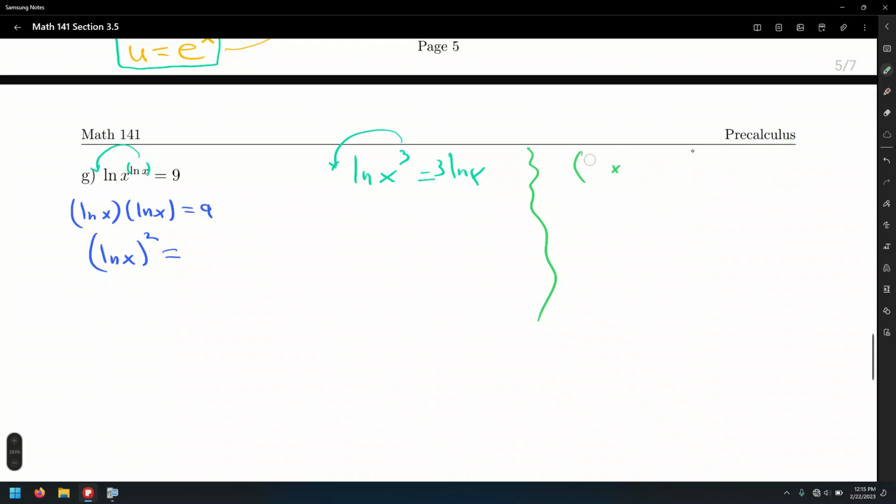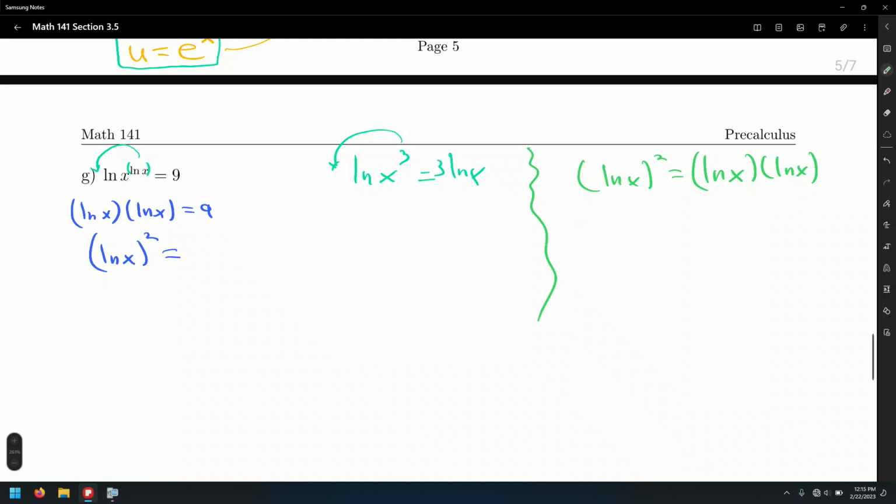Or rather the reverse, I think it makes sense if I write it the reverse. ln of x quantity squared is ln of x times itself. I mean, like any other quantity that we raise to the second power, it's always that quantity times itself. Or if it's cubed, times itself 3 times. Or to the fifth power, times itself 5 times, right?